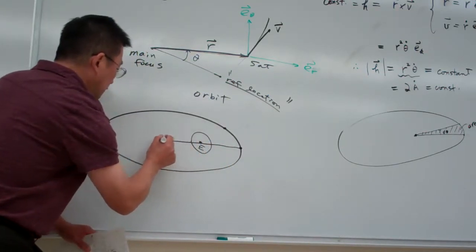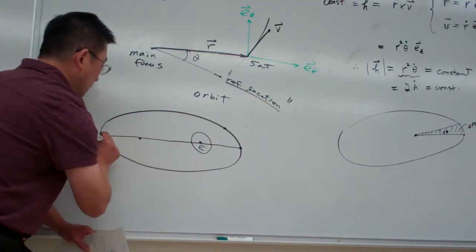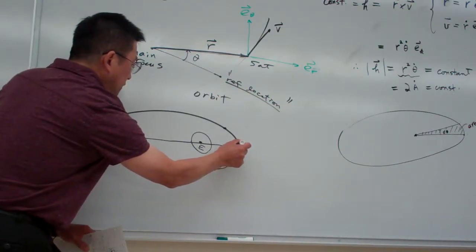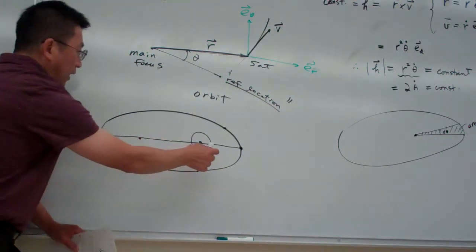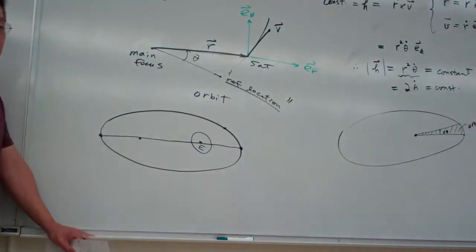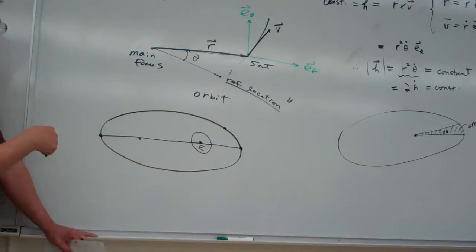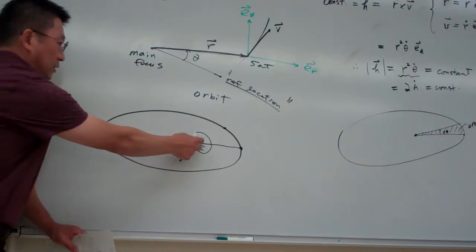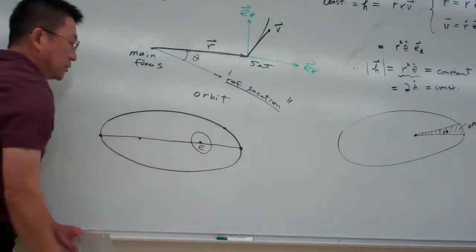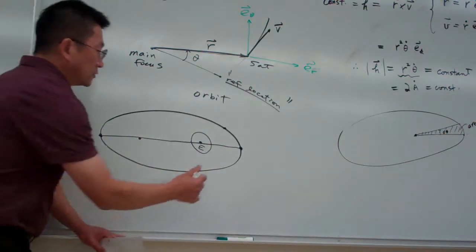This point is called the perigee, and this one is called the apogee. Apogee means the farthest point away from the main focus. This is the closest point. So perigee.